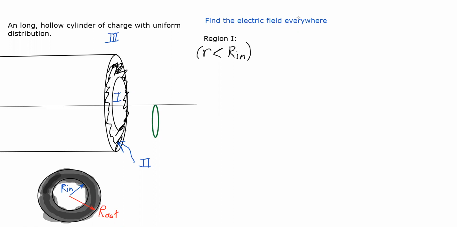It's just faster if I just erase it. So much work just to do that, but this is region 1. All right, so my Gaussian surface is a cylinder.